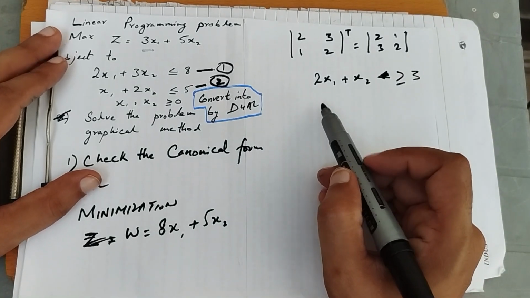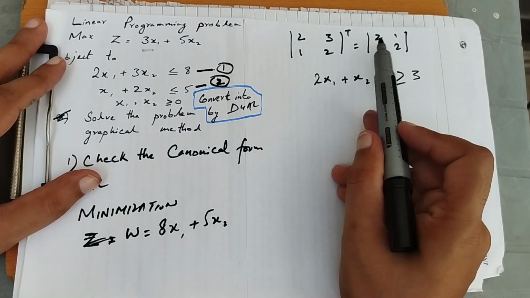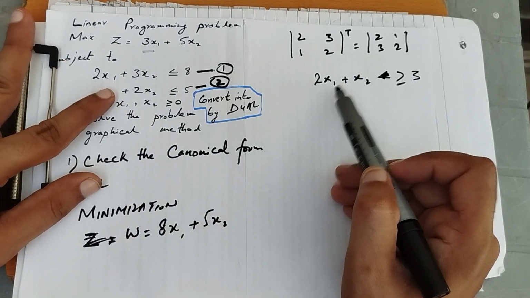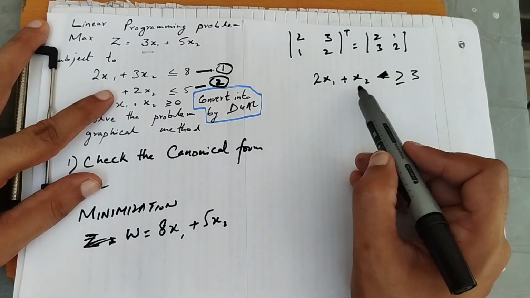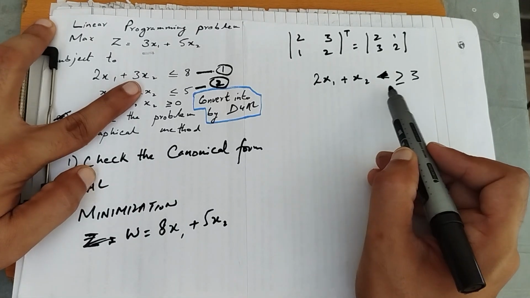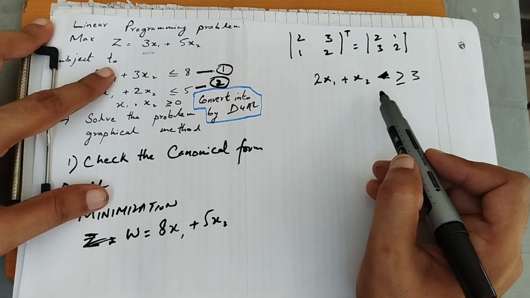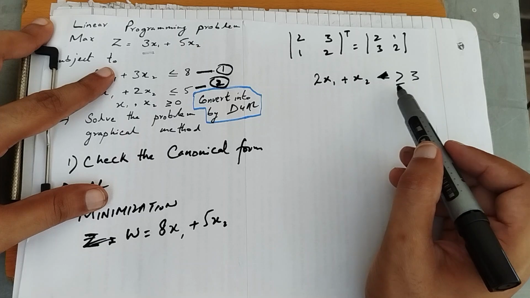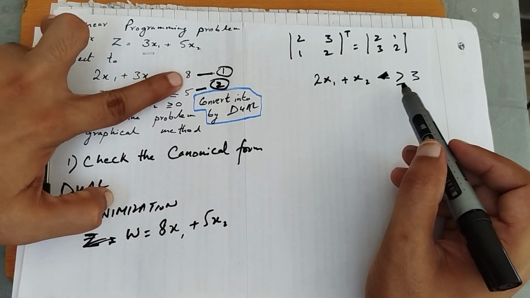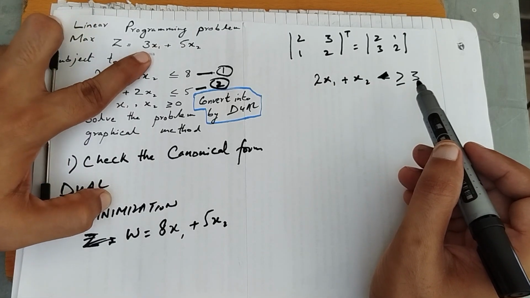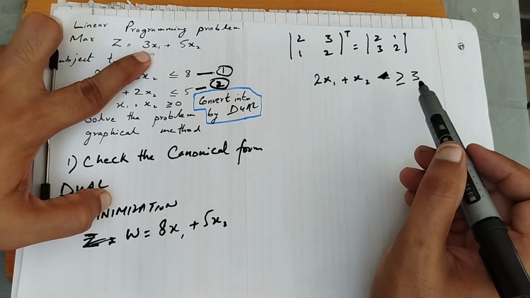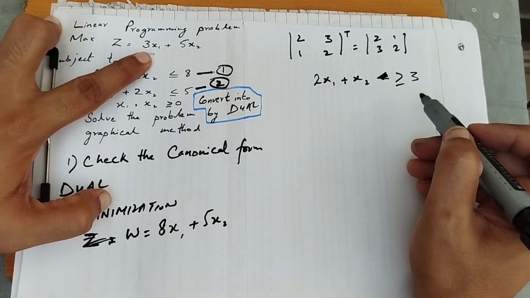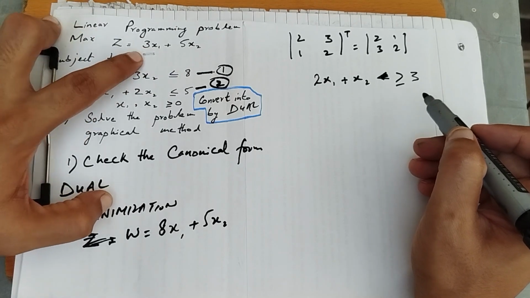Let me reiterate. 2 is from the transposed matrix we found, and x1 is the variable, plus 1 is the next coefficient with the variable x2. Since we have the objective of minimization, the inequality would be greater than instead of less than. The right hand side comes from the objective function's x1 coefficient, that is 3.